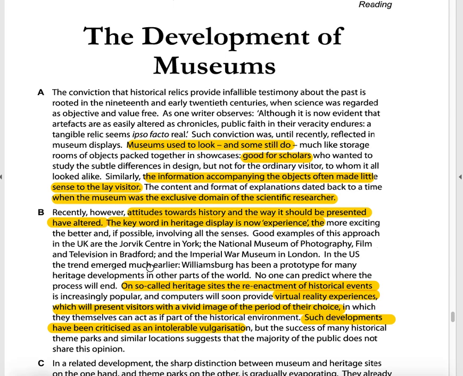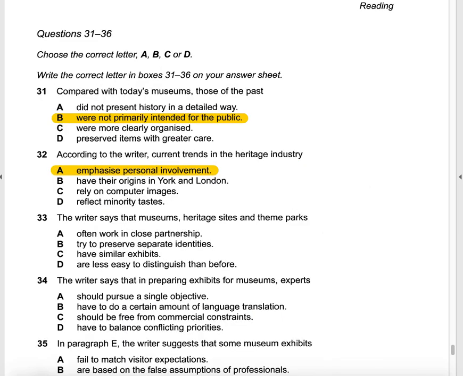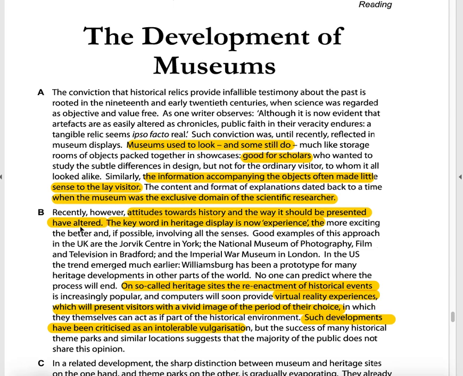Where's the best part here? Well, it just talks about increasing, making it more exciting and better for the people.